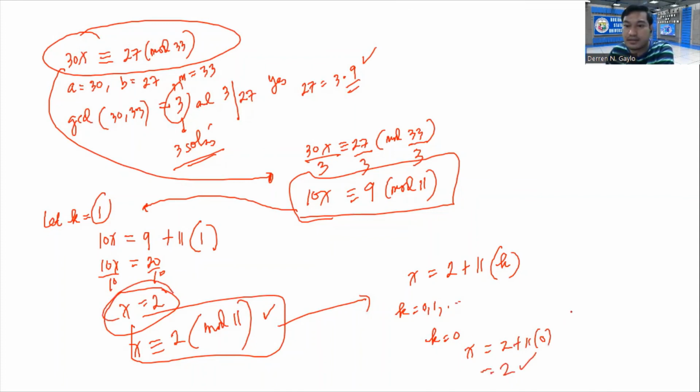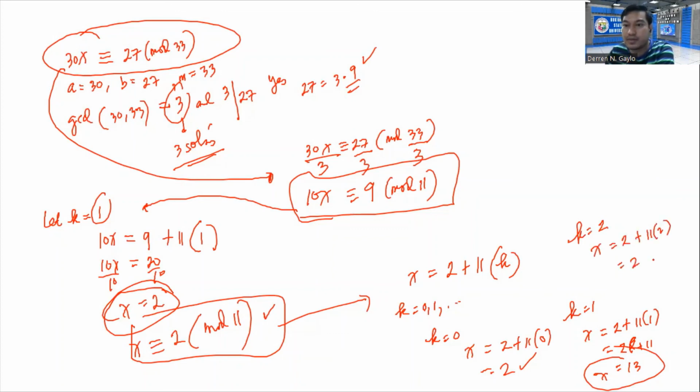If k is equal to 1, x is equal to 2 plus 11 times 1. So you have 2 plus 11, so this is 13. And then if k is equal to 2, you can have x is equal to 2 plus 11 times 2, 2 plus 22. So that's 24. Therefore, the values of x that we have here could be 2, 13, and 24. These are our answers.